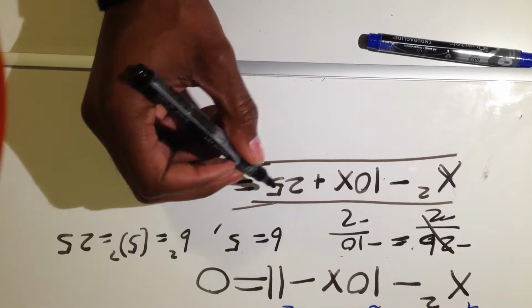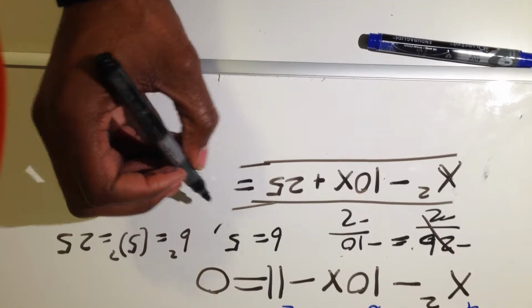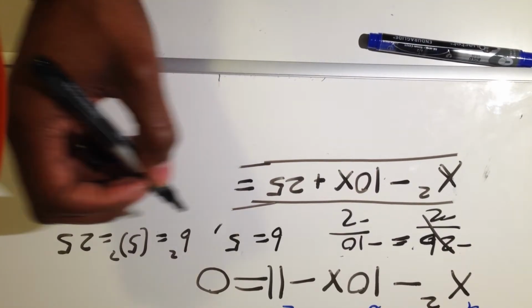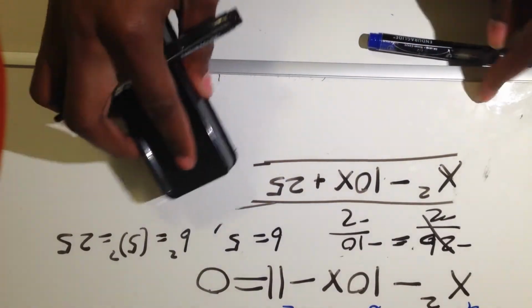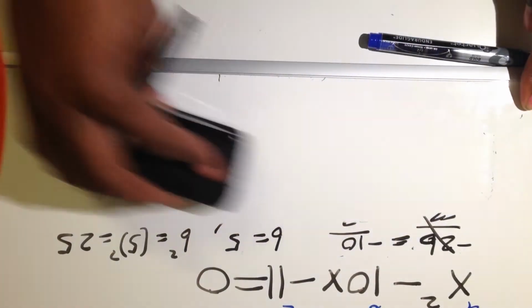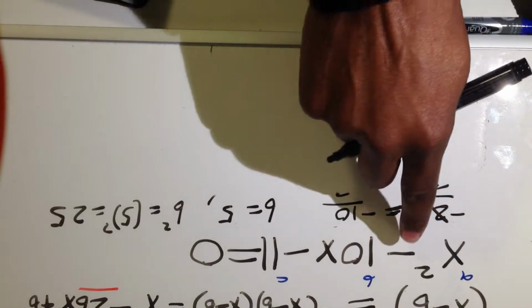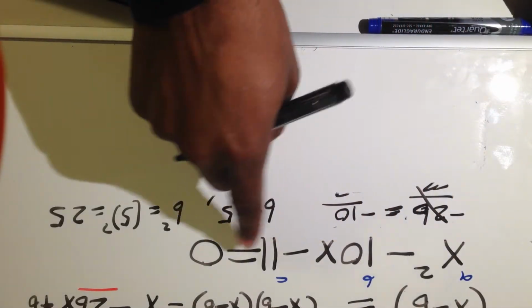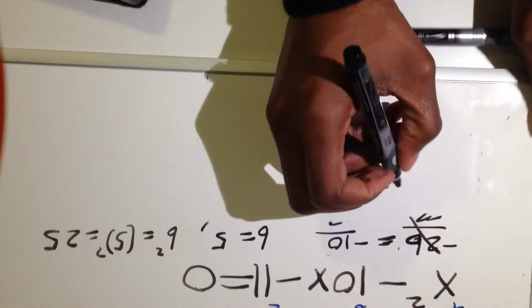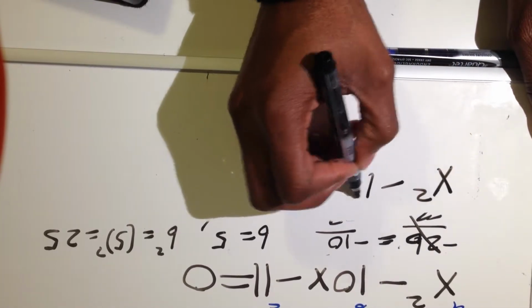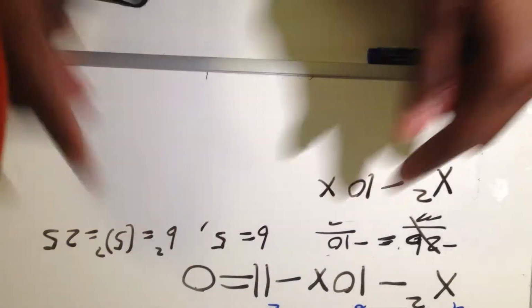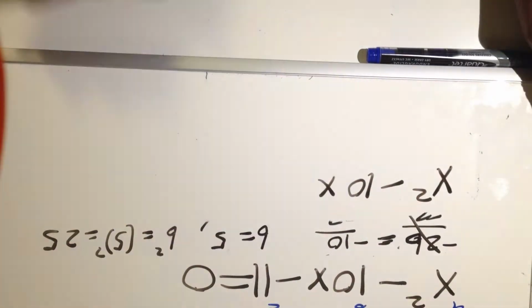It'll be 25 there, and we're also going to add 25 to the other side. So let's go back. The original problem was x squared minus 10x minus 11. And what we're going to do normally, in the traditional way, is x squared minus 10x, and we move that negative 11 to the other side.